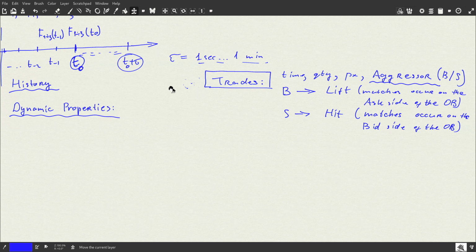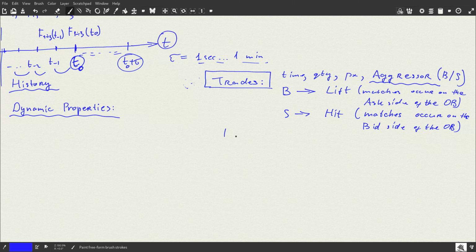Again, we have time intervals. For example, we're at t0 now, and we have t-1, t-2, t-3, and so on, as shown here, right? What can we do?